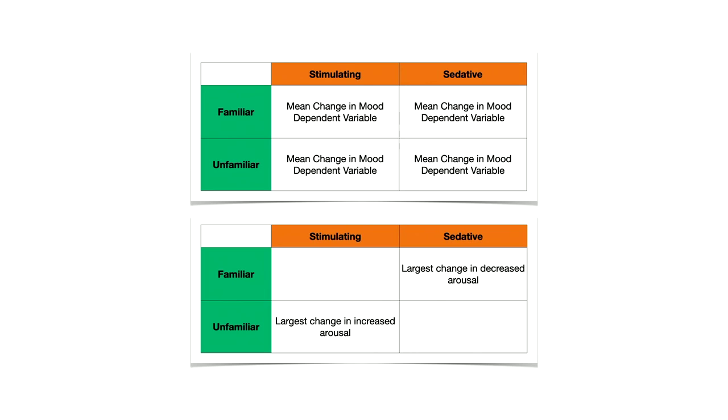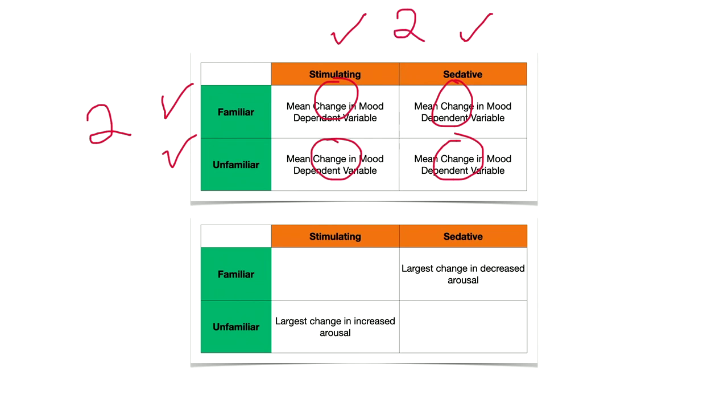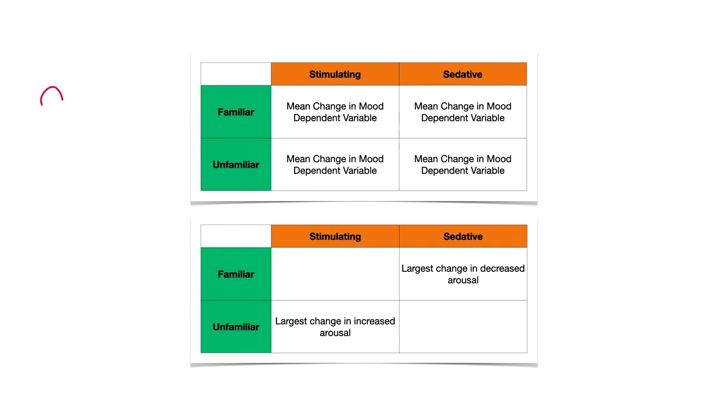And we'll see that I am looking at both familiar and unfamiliar music and stimulating and sedative music. So there's one group, there's the next group, next group, next group. So these are my independent variables, and there's 2 levels of it here and 2 levels of it here, and this would all be a 2x2 matrix design.